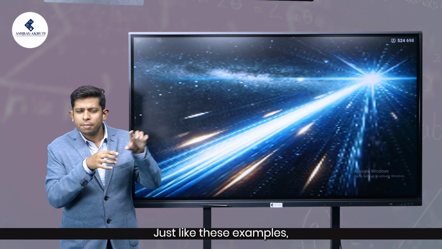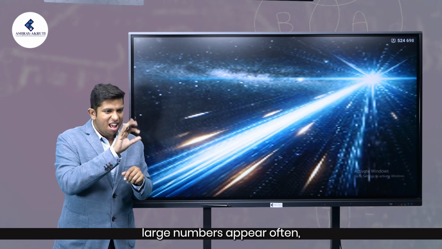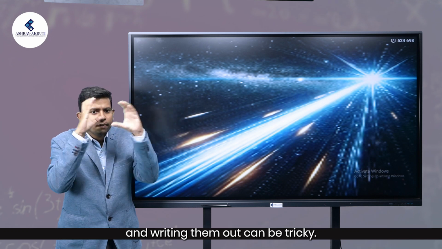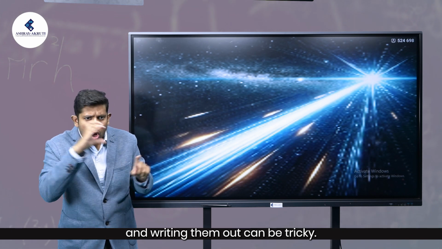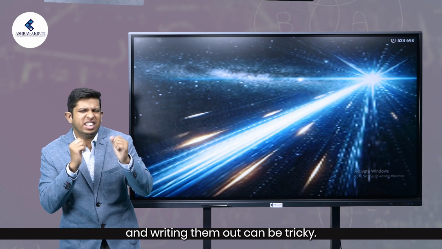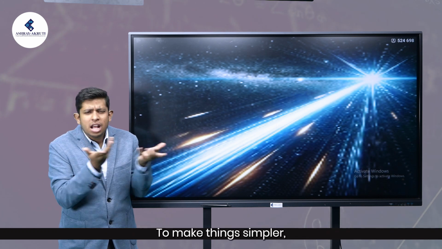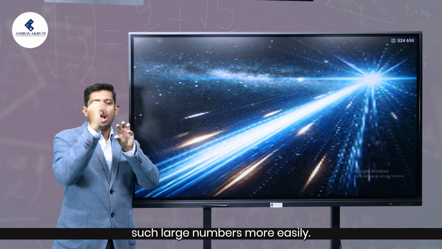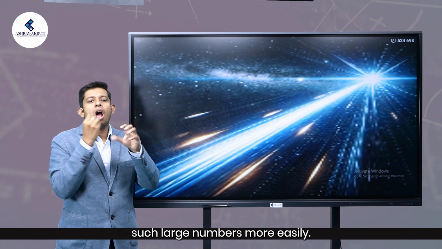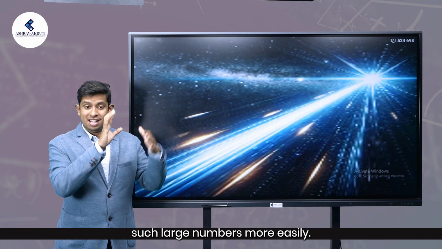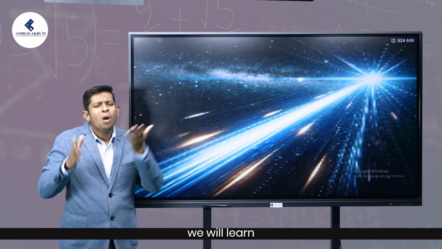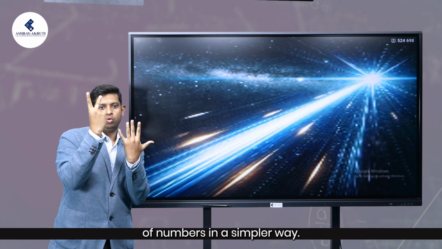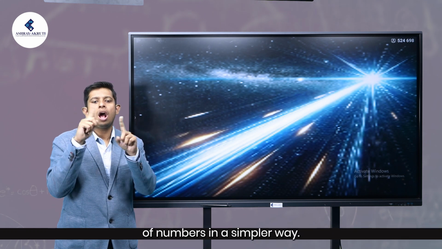Just like these examples, large numbers appear often and writing them out can be tricky. To make things simpler, we use exponents to represent such large numbers more easily. In this lesson, we will learn how exponents help us express repeated multiplication of numbers in a simpler way.